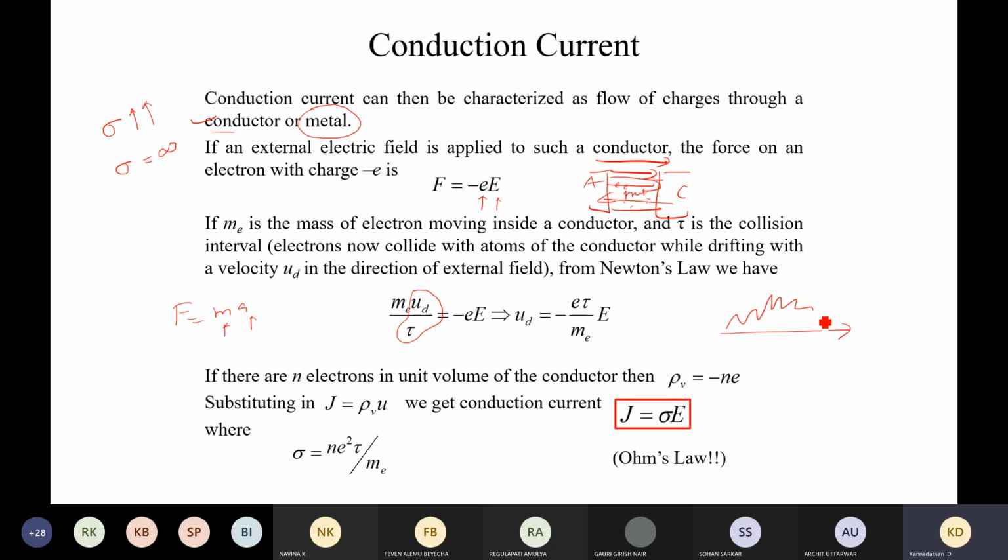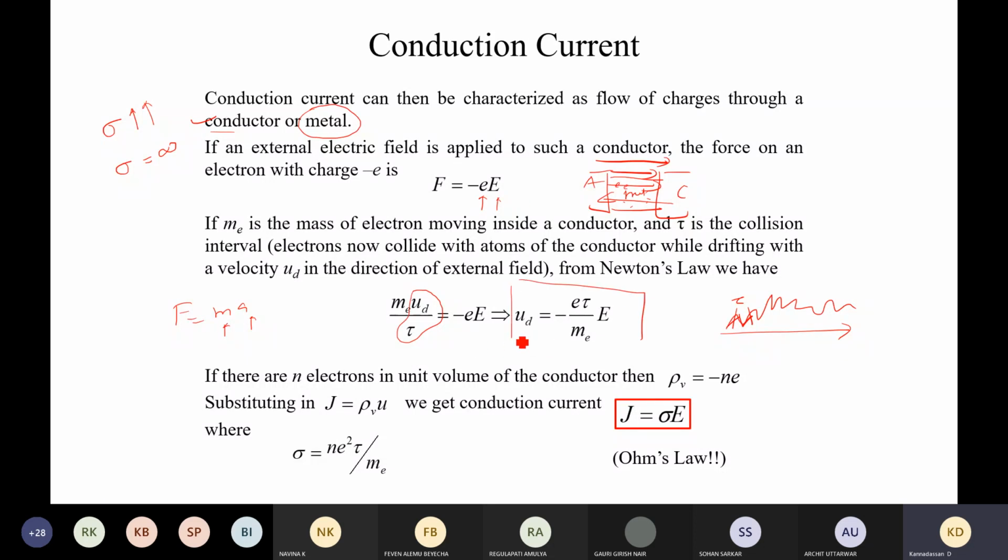It will take a zigzag path. So between two collisions, we have a time that we call mean collision time or mean free path time. If we know that, then we can easily calculate the acceleration. By this, we can equate it with minus eE, and by the way, you can easily calculate the drift velocity.